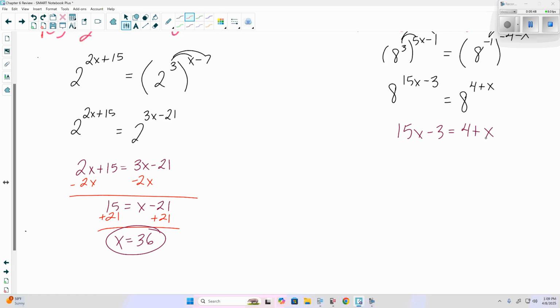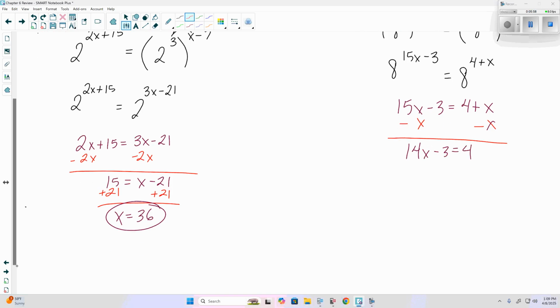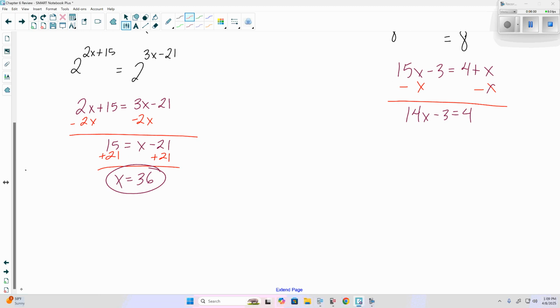Solve for x. So we'd subtract x from both sides, giving us 14x minus 3 equals 4.